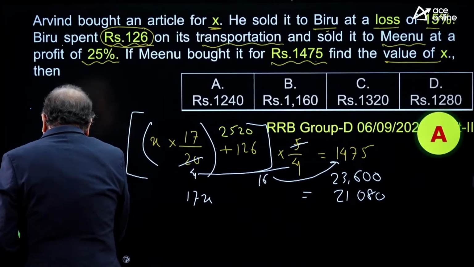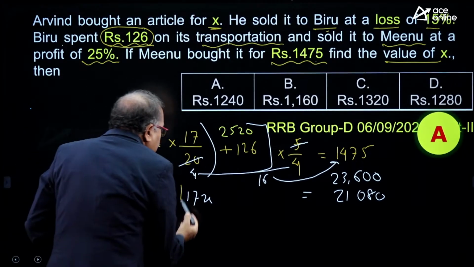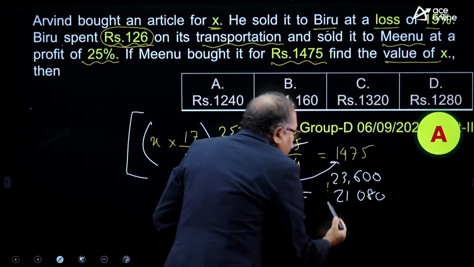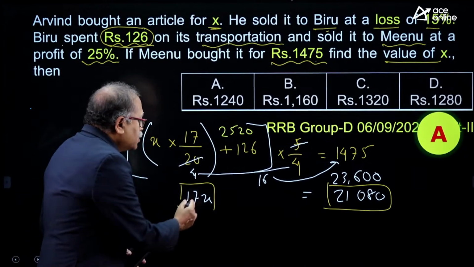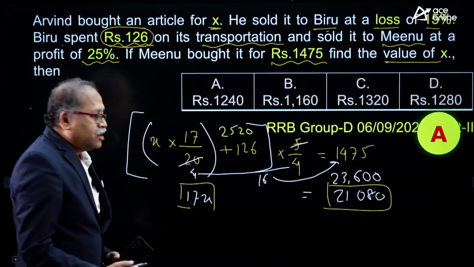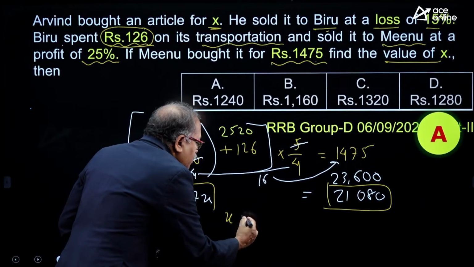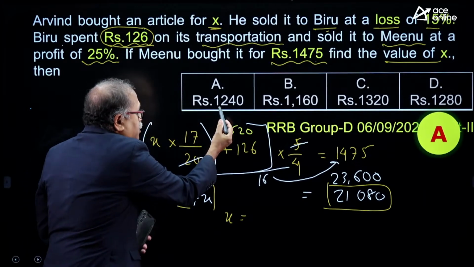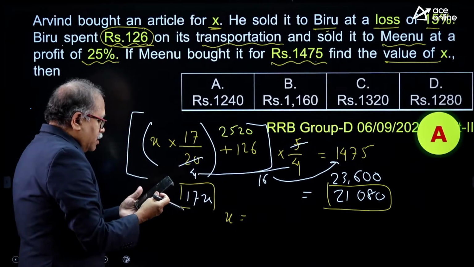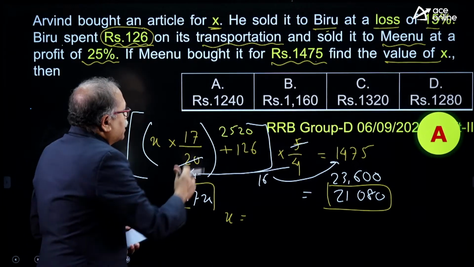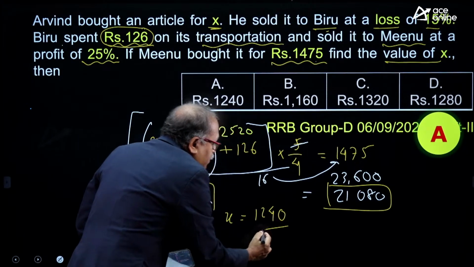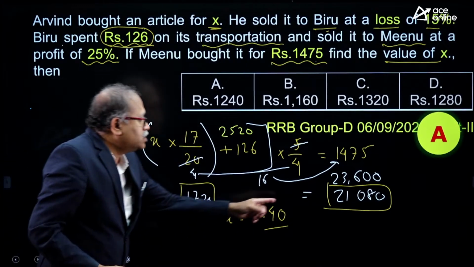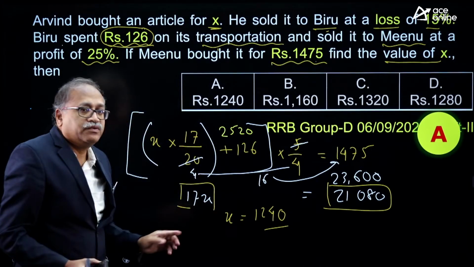I got 17x equal to 21080. Okay, done. So cancel this with 17. Now find out the x value. You are getting the same thing that Deepak has said, that is 1240. This is what you get once you cancel this number by 17.